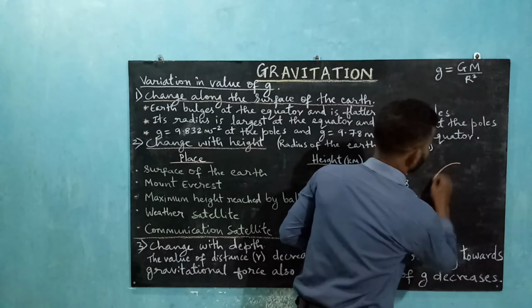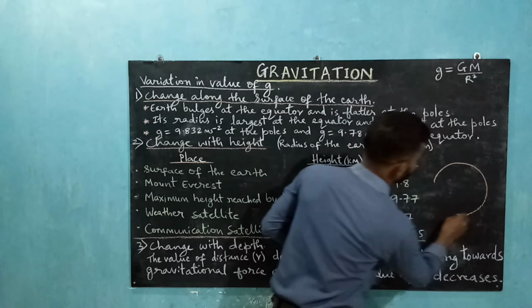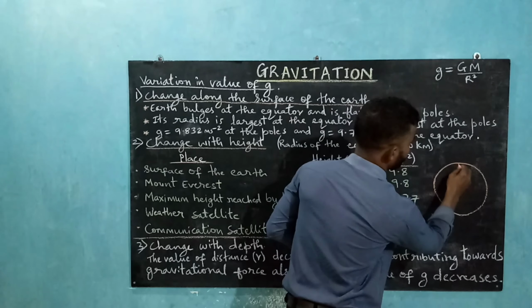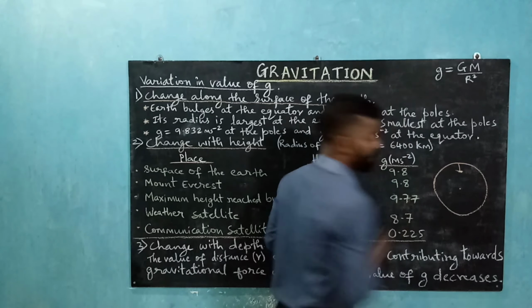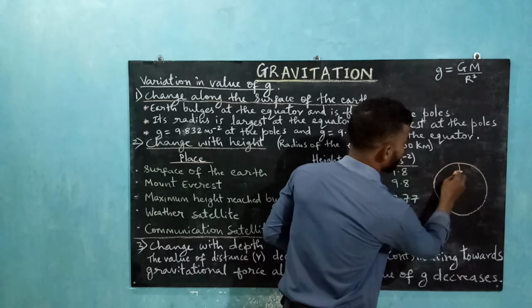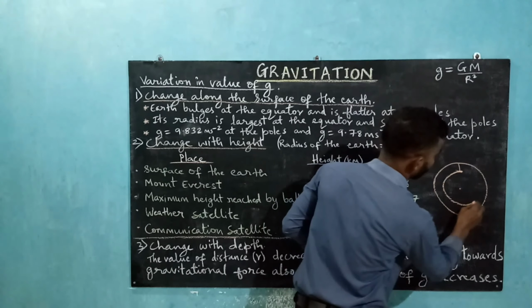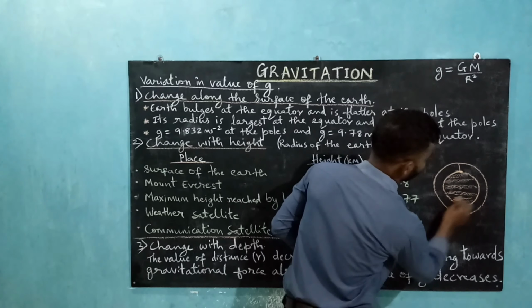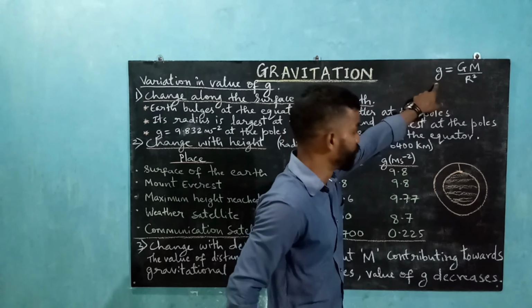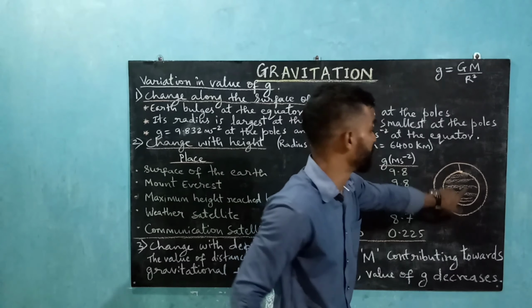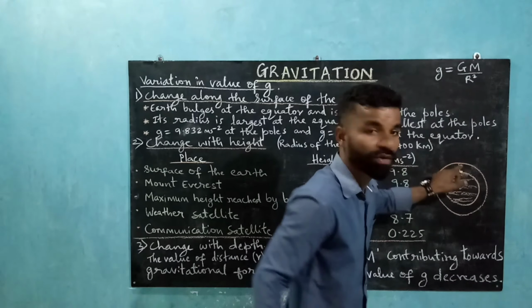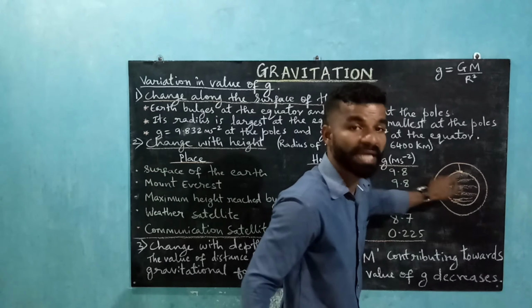Suppose this is the earth, this is the center of the earth, and by digging the ground you have reached here. Then only this mass will be considered for finding out the value for acceleration due to gravity. Only this mass will be considered. So mass also decreases when you are going to a certain depth inside the earth.